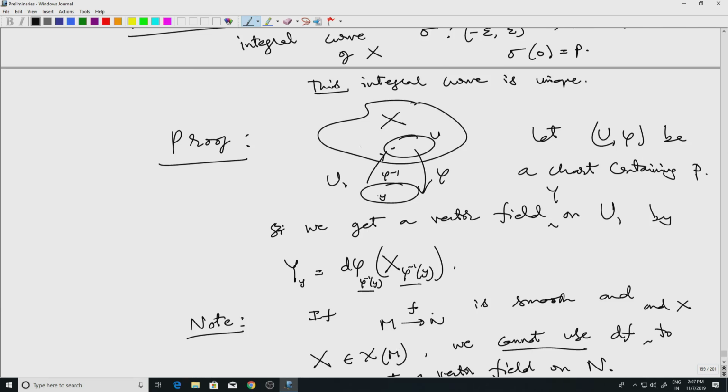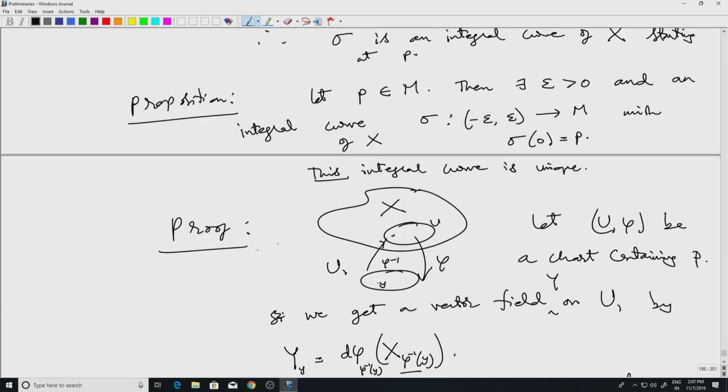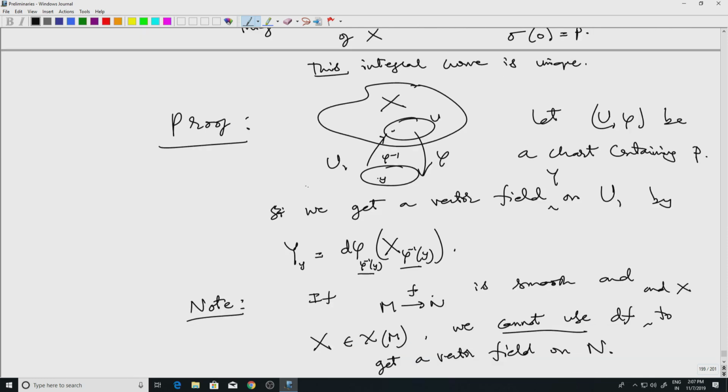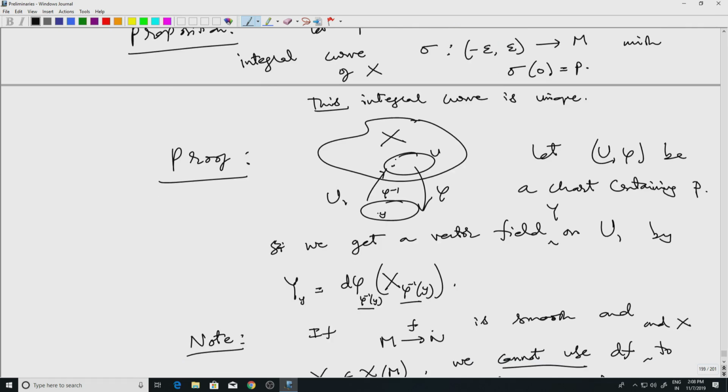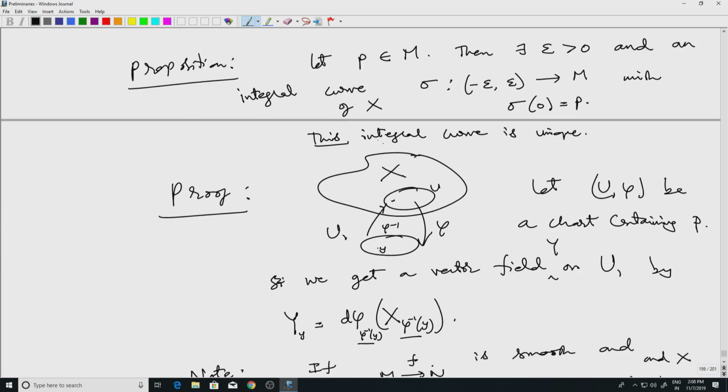But in any case, to prove this, the idea is to first transfer the setup to an open set in Euclidean space, and see what exactly the integral curve equation means.